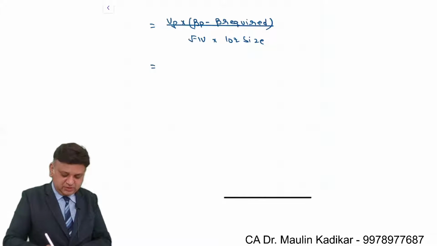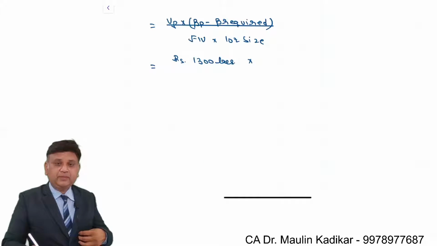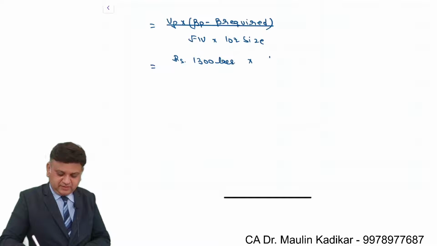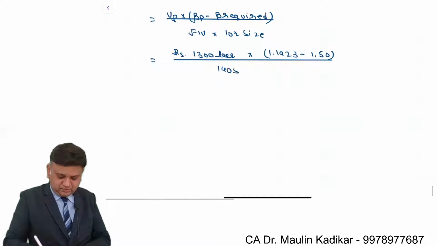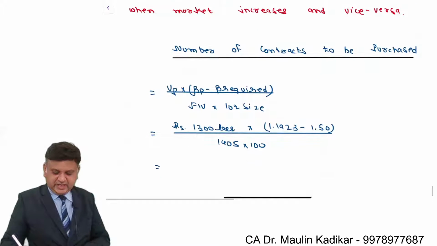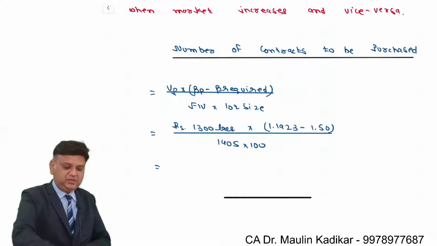Value of the portfolio is 1300 lakhs. Beta of the portfolio is 1.1923 minus 1.50 divided by 1405 into 100. ऐसा करके नंबर ऑफ कॉन्ट्रैक्ट्स का कैलकुलेशन किया जाएगा.